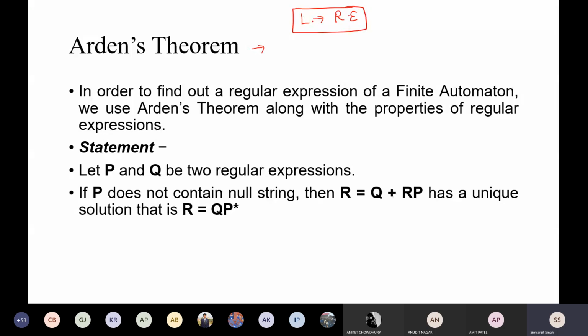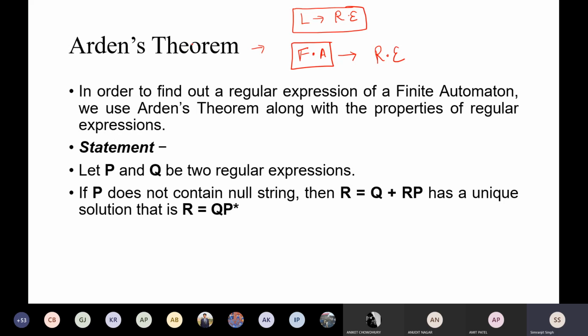There are certain procedures that exist to derive a regular expression. So Arden's theorem is one of those procedures. What we do, first we have to draw a finite automata. After drawing a finite automata, then you can write a regular expression of this finite automata. Okay, so that is the catch here.